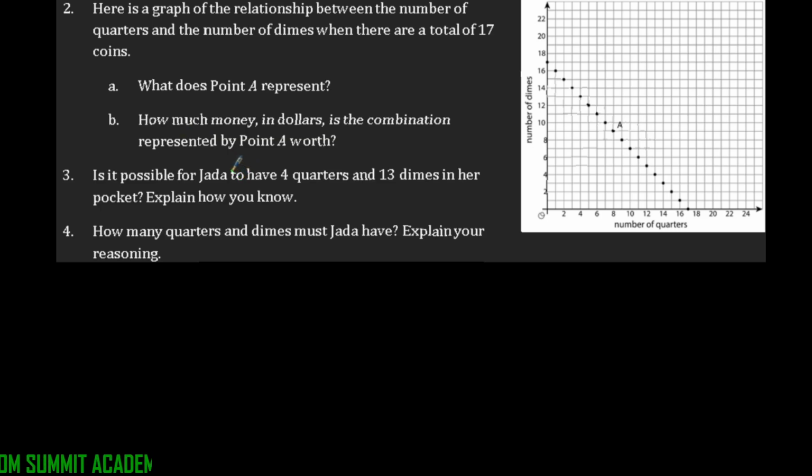Well, find the ordered pair. So I'm going to say that's going to be 8, 9. So the point 8, 9 means 8 quarters and 9 dimes.